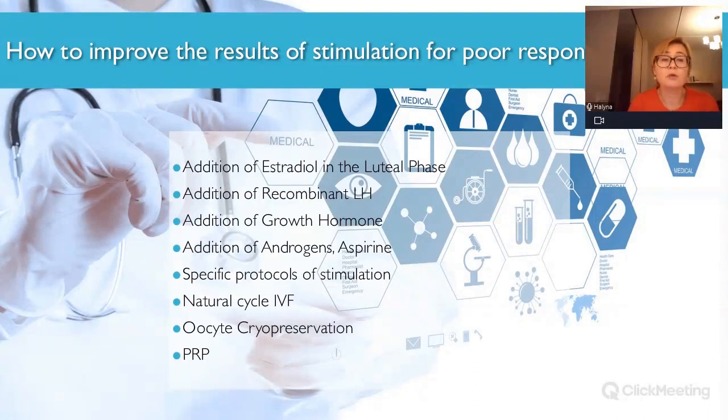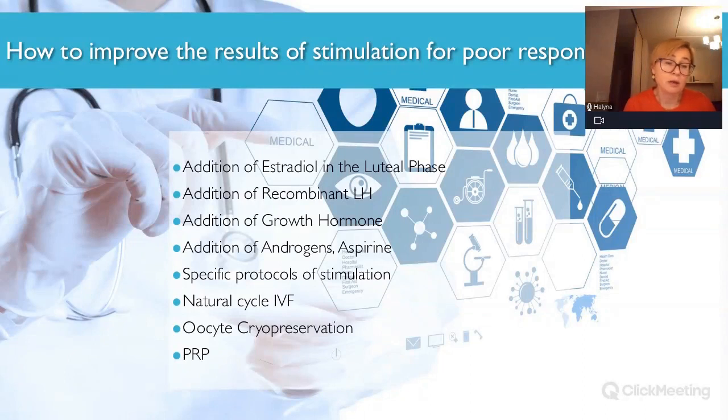And it is important to use specific stimulation protocols, as we described: stimulation from the second phase of the cycle, duo stim, when we can do two stimulations during one cycle, and stimulation after estrogen priming.